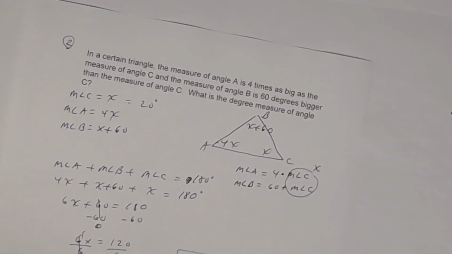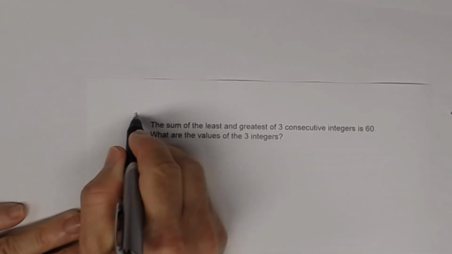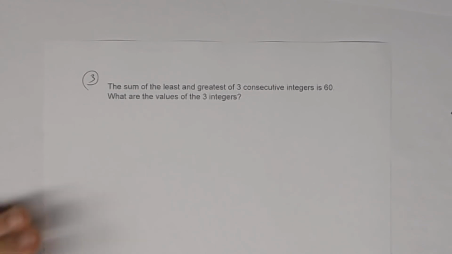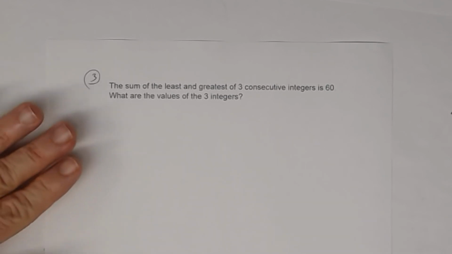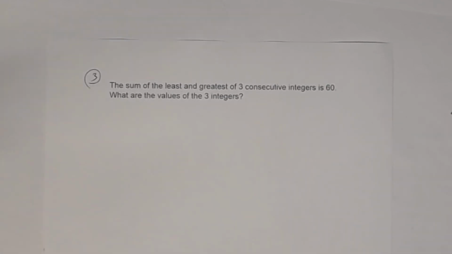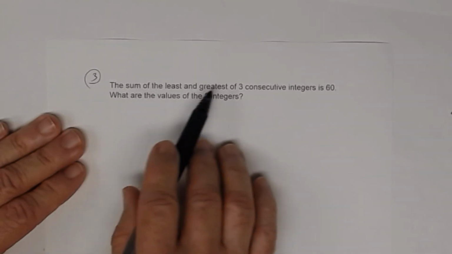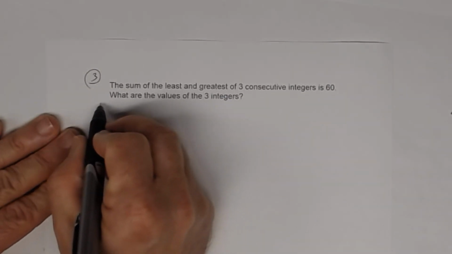Number 3, let's look at number 3. It says the sum of the least and the greatest of 3 consecutive integers is 60. What are the values of the 3 integers? All right, so remember, the way you want to set this up, and there's no diagram to draw here, since we're dealing with 3 consecutive integers, is to say this.